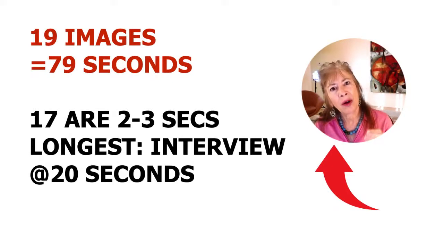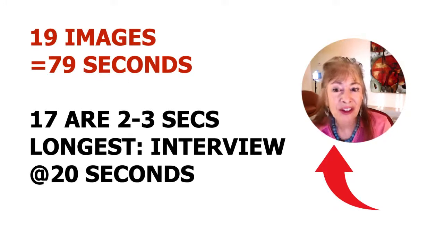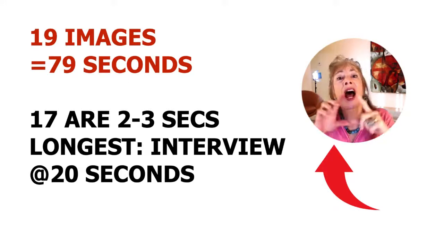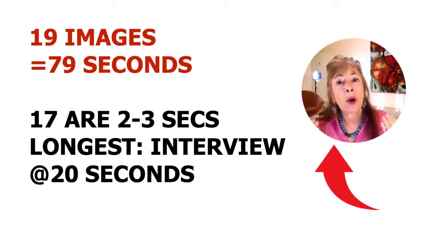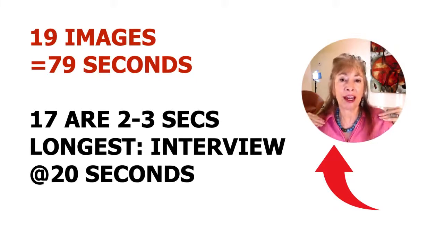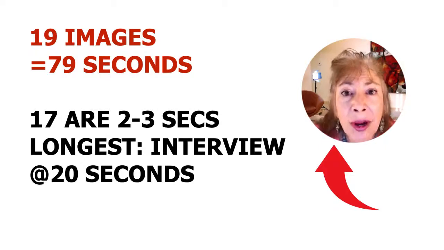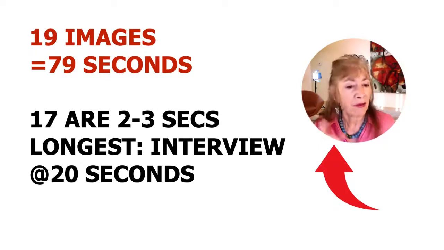That breaks down to actually 4 seconds per image, but because 17 of those images are only 2 to 3 seconds, the longest part of the video is Mark Rober being interviewed, speaking. So half of that is Mark just talking like I'm talking right now, and then the next 21 seconds is a much closer up of Mark.